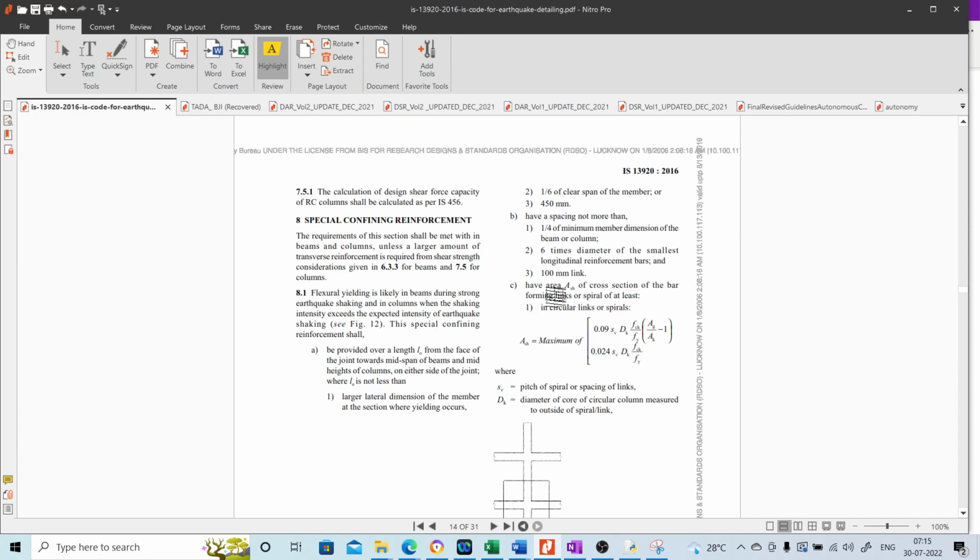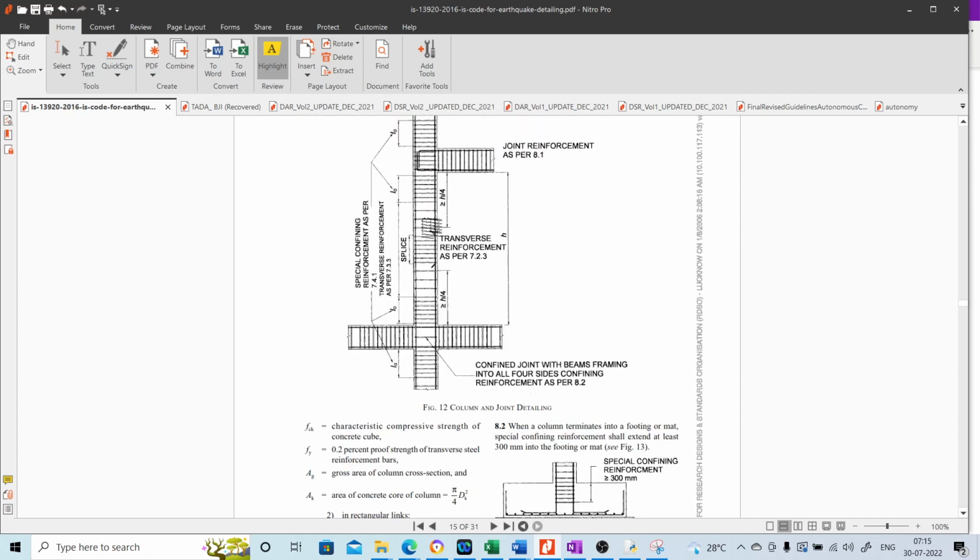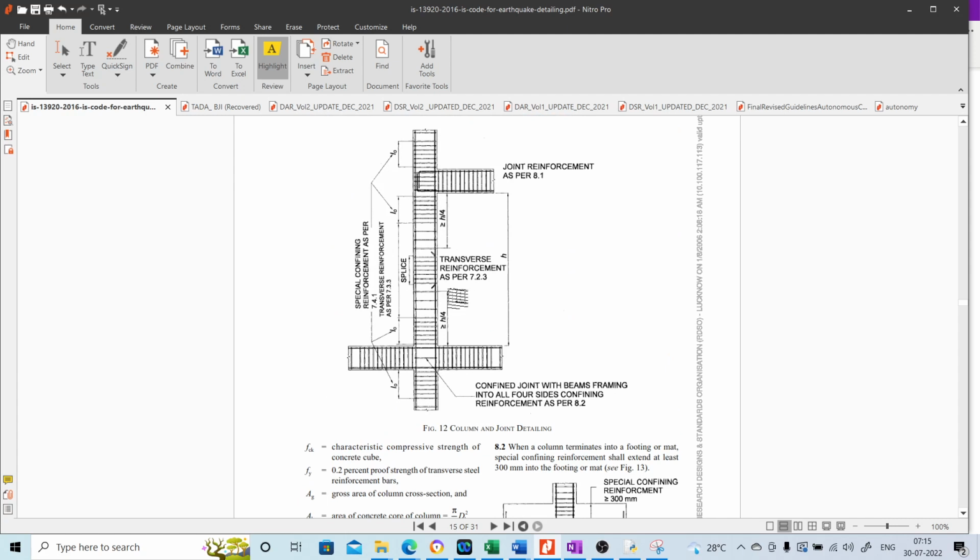So most of the time we fix the cross section of the special confining reinforcement and we find out the spacing. So the spacing will be governed by these equations. Now let us look closely into this. One set of formulas is given for circular columns and another set of formulas is given for rectangular columns. So here the diagram is given. So once everything is completed, you can simply draw the diagram based on this.